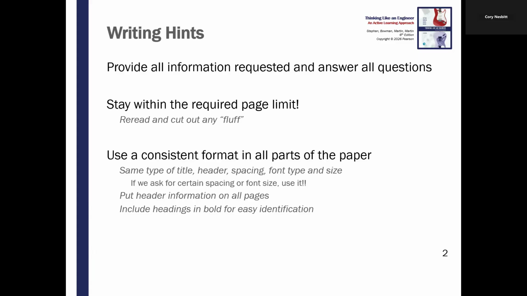I had to help them see that within the report that I wrote. So it required me to have all the information. Again, if you see this writing hint, provide all information requested and answer all questions. But sometimes the information isn't requested, and there are just a lot of questions being asked, right? So you have to provide all the information to answer all of those questions.